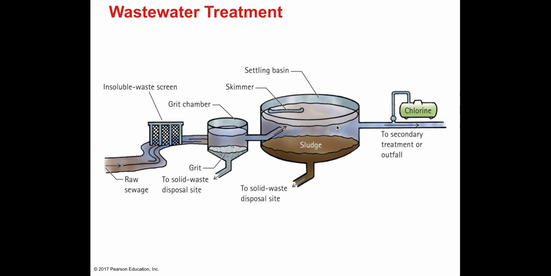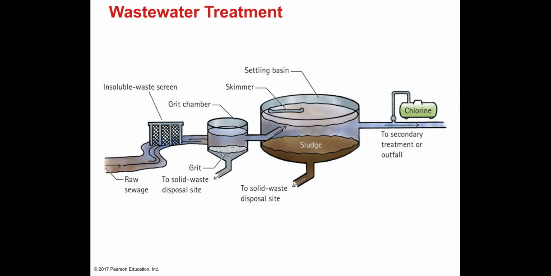So you have a sludge right here that is going to take care of, if you look at the solid, all this sludge, all the large particles that were removed from the water are going to go to a disposal site.